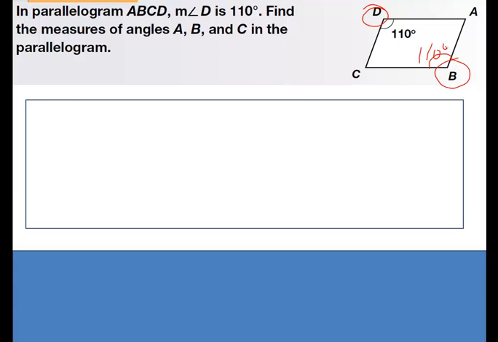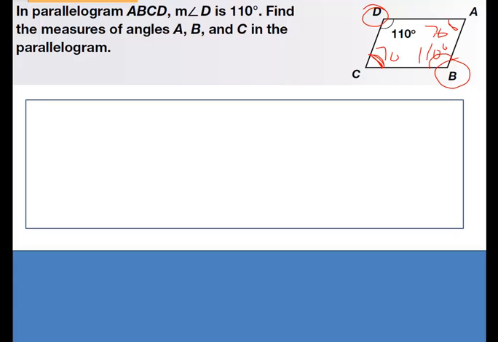Knowing that the whole thing has to equal 360, or you could say that this used to be 90 and now it's 110, so it's gone up by 20. That means this one here will have gone down by 20. And what is 90 minus 20? It is 70.